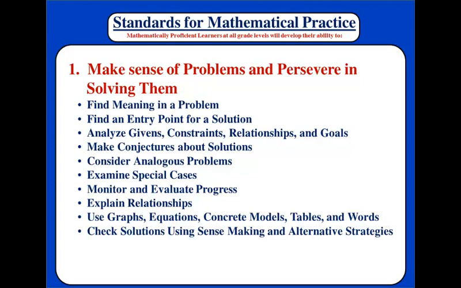So we want to use these 5 ways of representing mathematics and use all of these to help us understand and solve problems. We want to check solutions using sense-making and alternative strategies. See if there's another way to solve the problem. Check our answer to see if it makes sense.